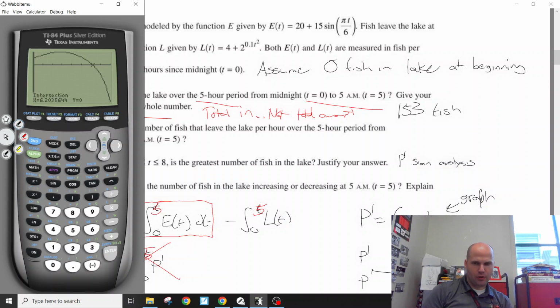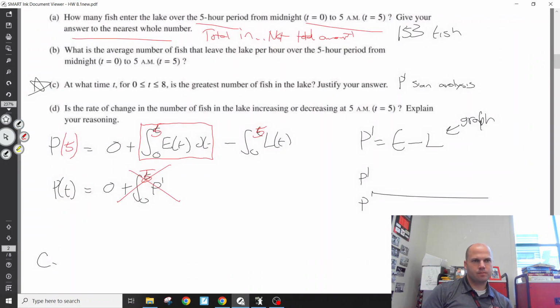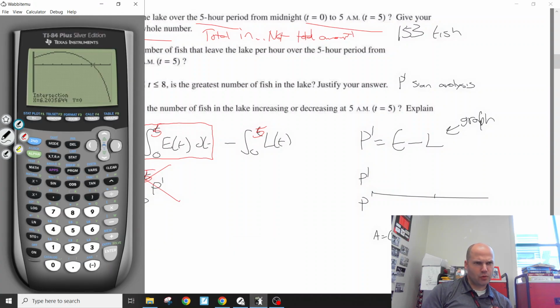Boom, 6.203. We're going to label that as A. 6.2035644. That's A. P prime is positive until A and then negative after A.